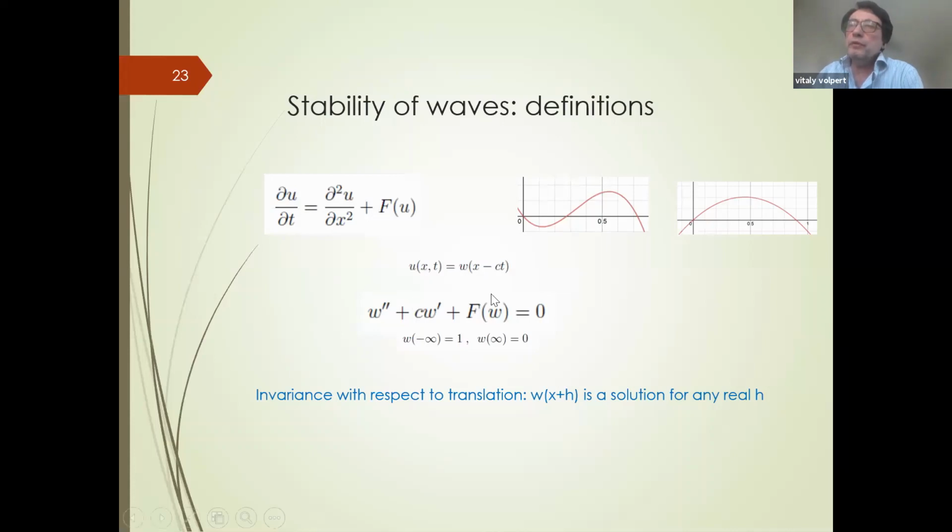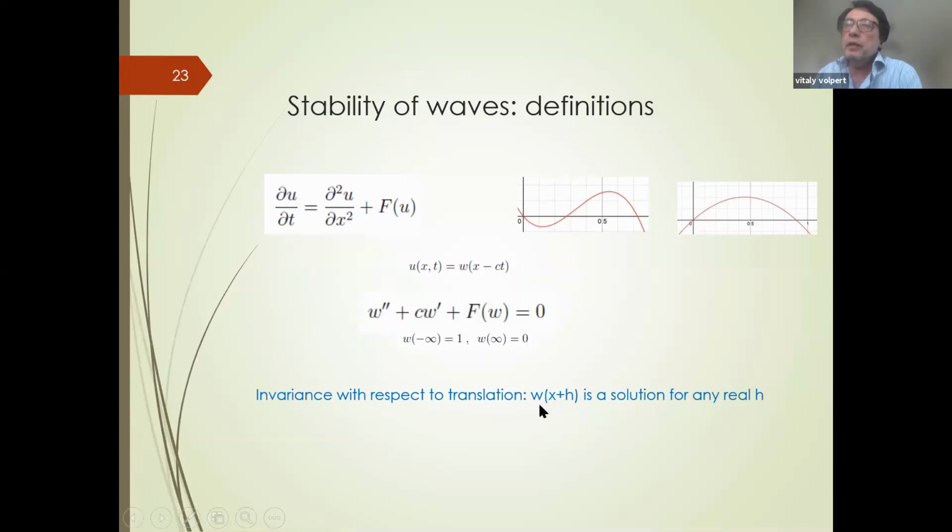First of all, we need to introduce the notion of stability with shift. To introduce this notion, we should remark that, in fact, the solution W(x) of this equation is invariant with respect to translation in space.